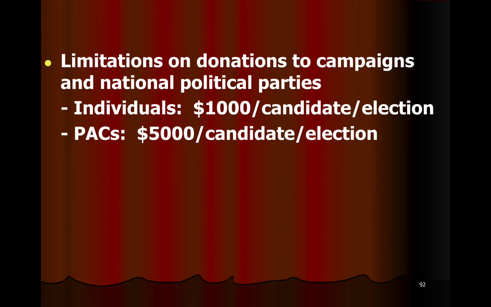So they can fundraise as much money as they want from their members and then give in $5,000 chunks if you're going to donate it directly to the candidate, to the national party, or per election. Now, if you are a really wealthy person and you have lots of money to spend in the election, you probably don't like that FECA limited you to your $1,000 donations. So there's going to be some changes to federal election laws.